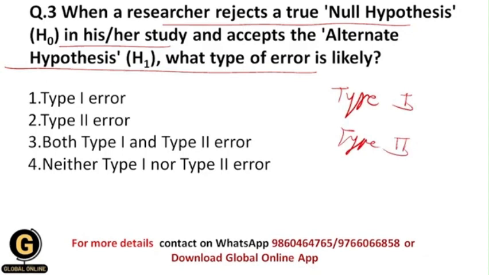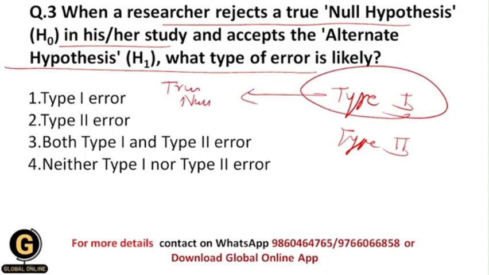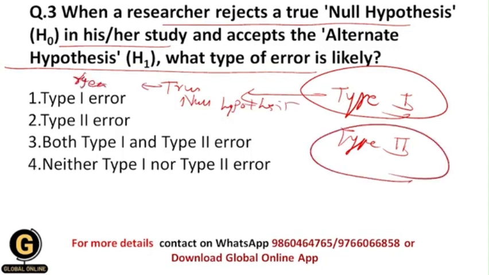So basically, students, type 1 error occurs when we reject the true null hypothesis. Whenever we reject the true null hypothesis, in that situation type 1 error occurs, and type 2 error occurs when we accept the false null hypothesis.